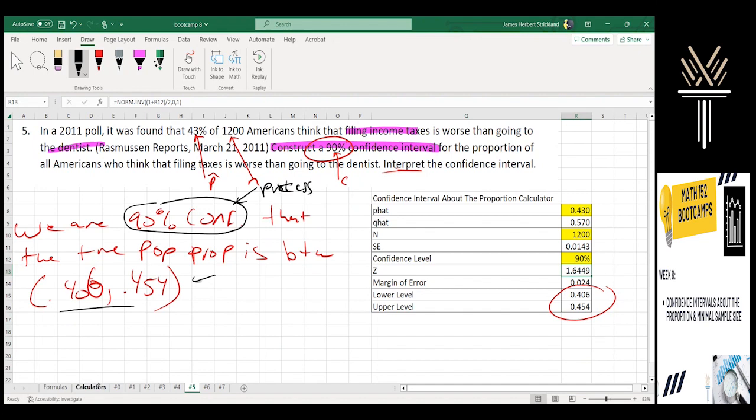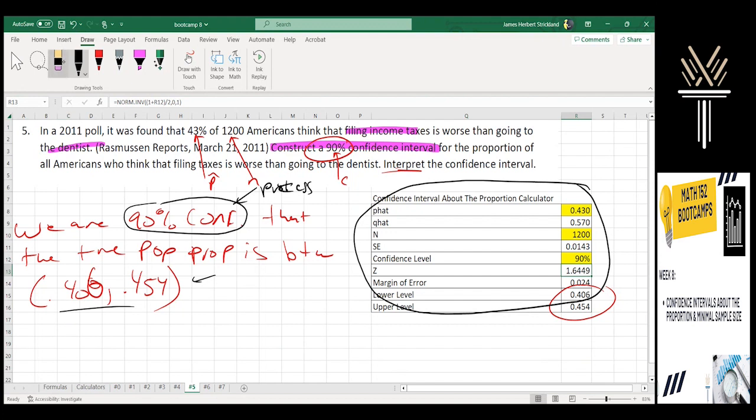This calculator that we built works 90% of the time, which means 10% of the time, even though you do all of your calculations perfectly, it didn't work. Maybe you had a bad sample. Maybe you had a bad p-hat. Who knows? But 90% of the time doing this process works.